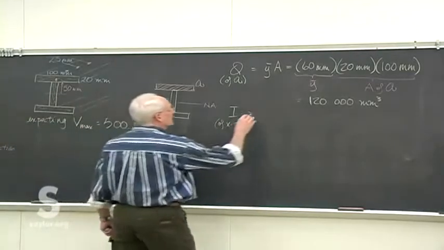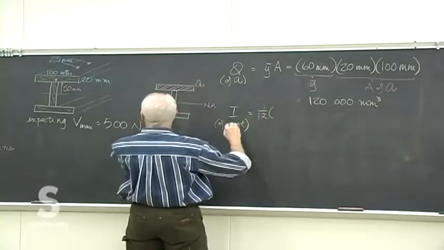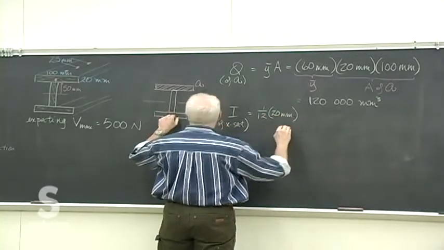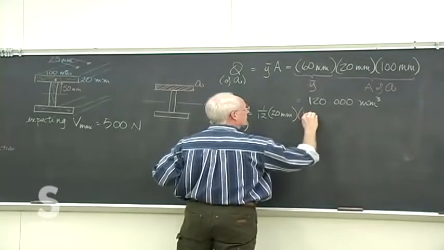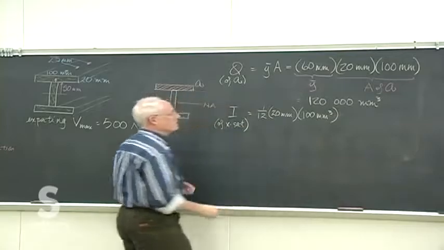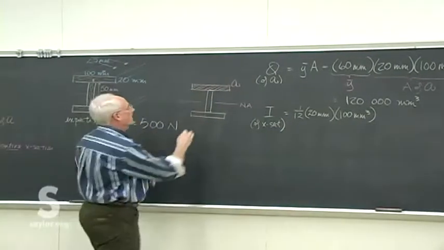So this is 1/12 of 20 by 100 cubed, that's 1/12 BH cubed for the web.